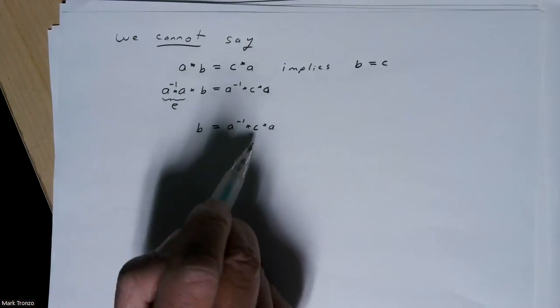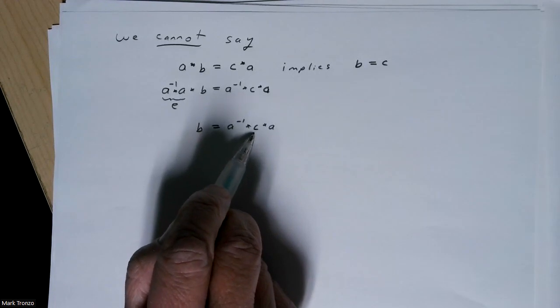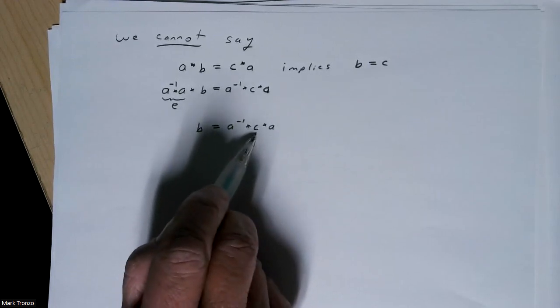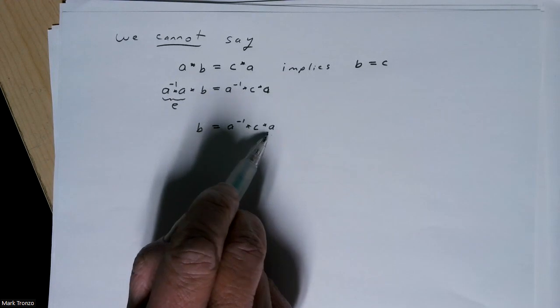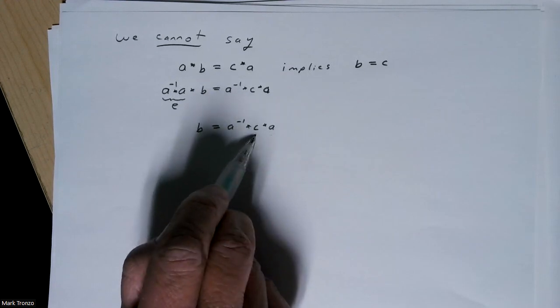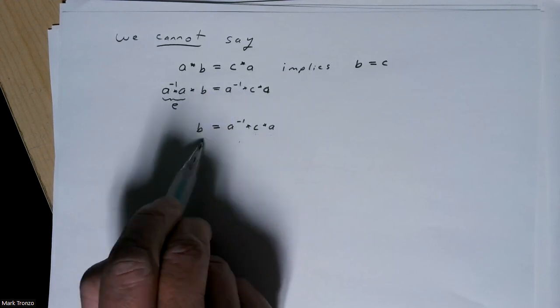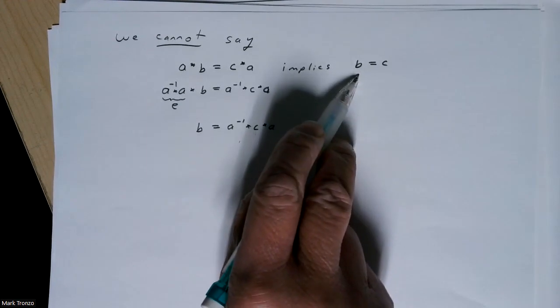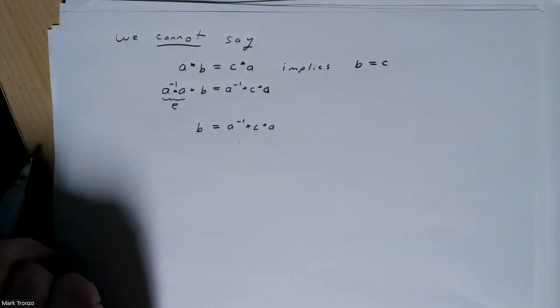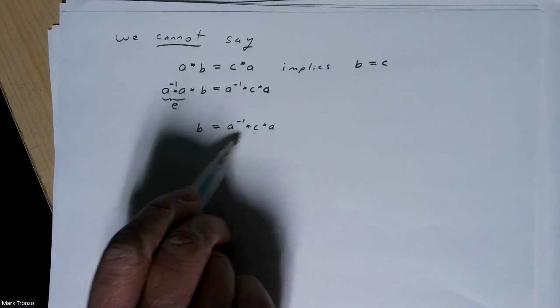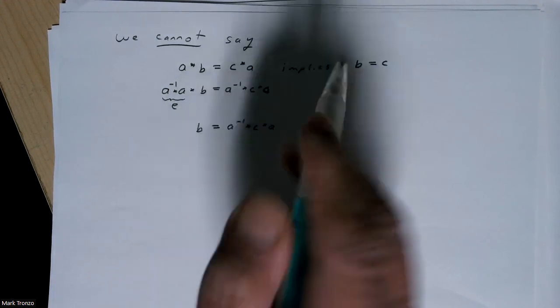We don't know if the members commute. If they could commute, then we could switch these around, have the identity, and have B equals C. But here we don't know that they commute, so we cannot say this.